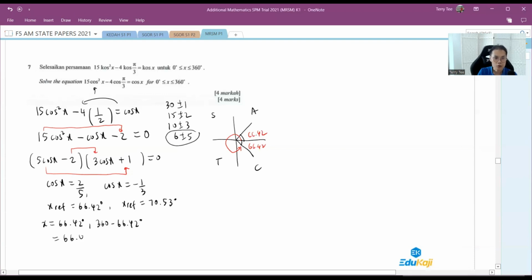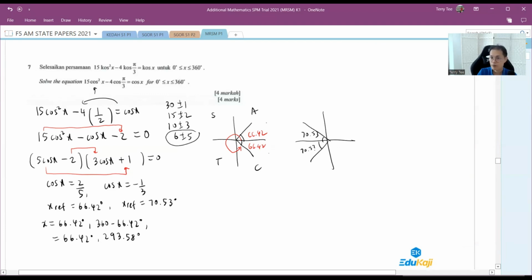Answer is 66.42 for the first one. Second one is 293.58. Again, you can't work out mentally. Just use your calculator, okay? Now, the second one, cos is negative. This is for positive. Cos is positive in quadrant 1 and 4. Cos is negative in quadrant 2 and 3. So my first answer is 70.53 over here.